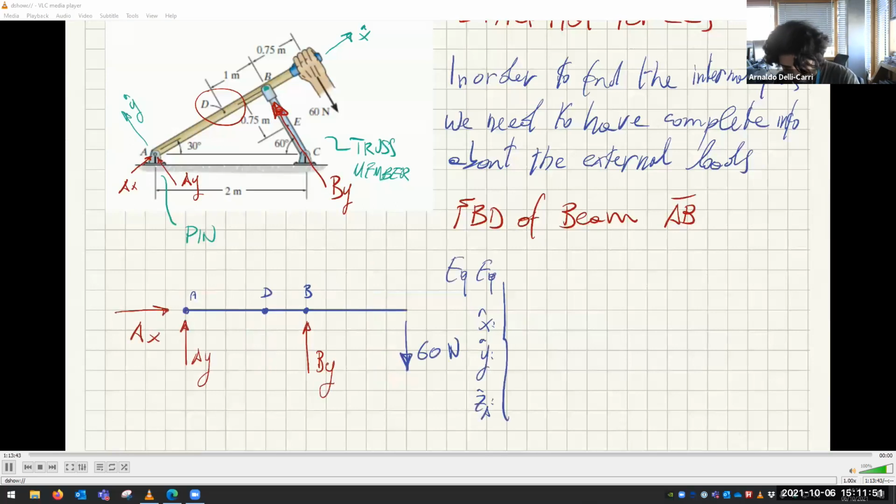So along the x-axis, we have that Ax equal to 0, very easy. Ay plus By minus 60 equal to 0. That's my second equation. Remember, this is the reference system. This is the y-axis, and this is the x-axis.